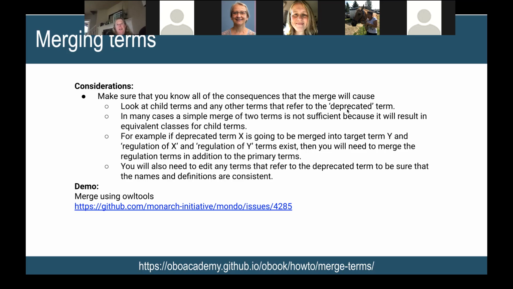So if you have a child term that's just a child of the term that's about to be obsoleted, you need to make sure it has another parent. If it's getting merged using this command, the child should be reclassified under the new parent that the obsoleted term is merged into. If you're doing this manually, you'll have to reassign the parent for the new class that you're merging into.